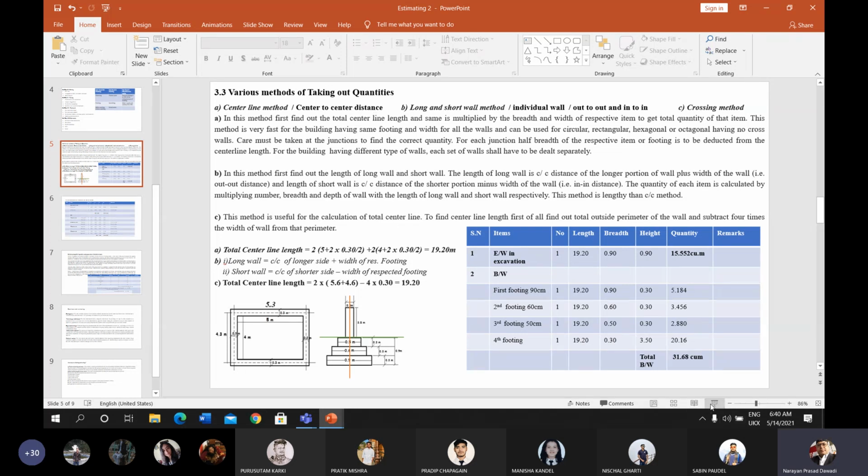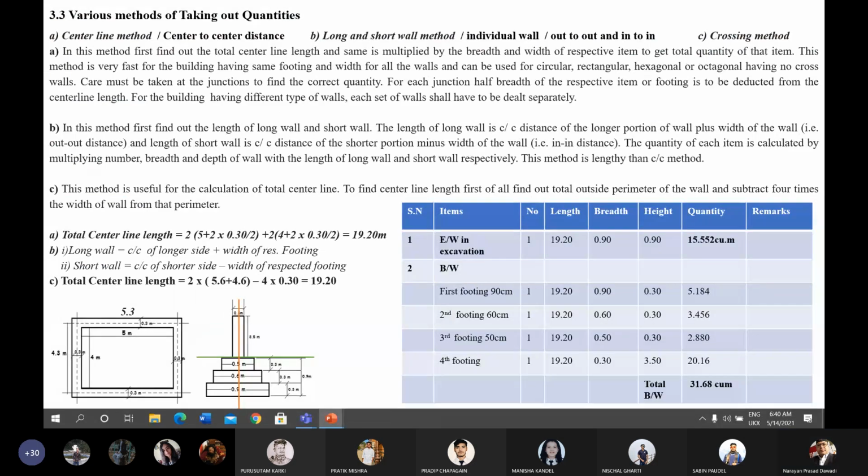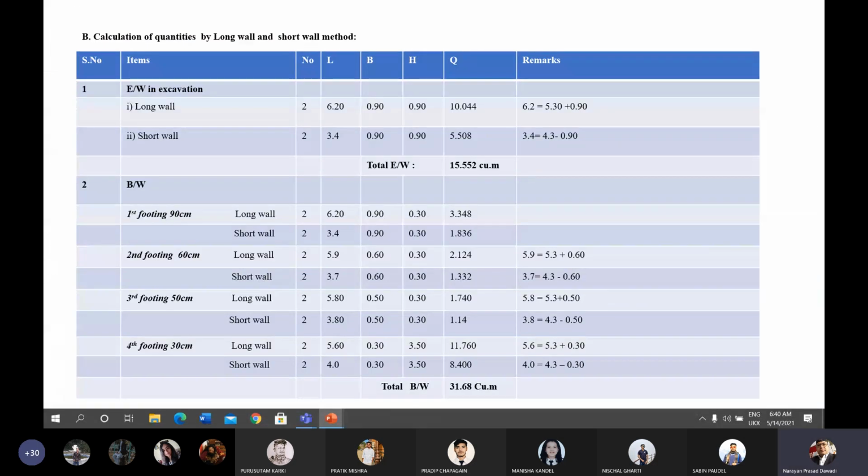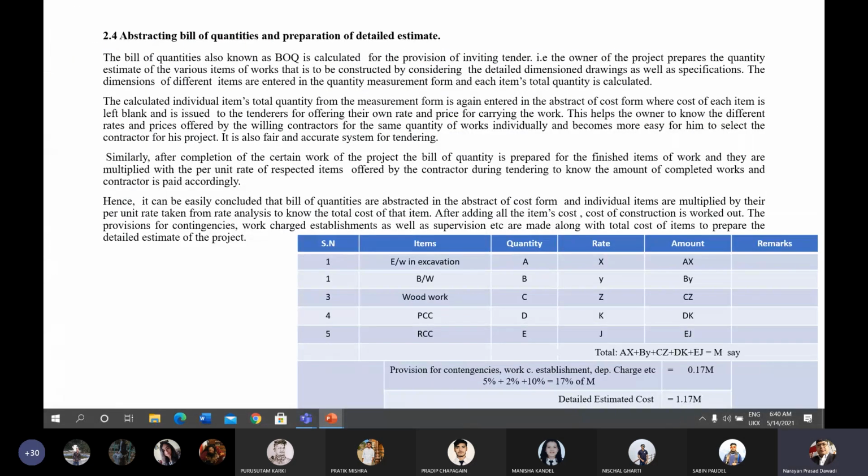Let me go to the next slide. Calculation. Abstracting bill of quantities and preparation of a detailed estimate. What is the abstract of? How can you abstract the different quantities? That is, abstracting different quantities means to show the different items' total quantity in the form.